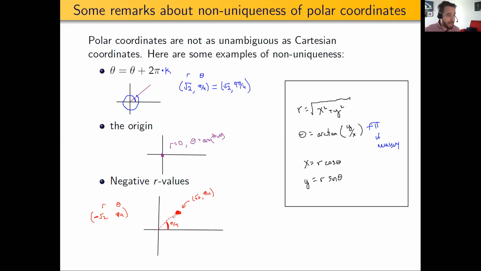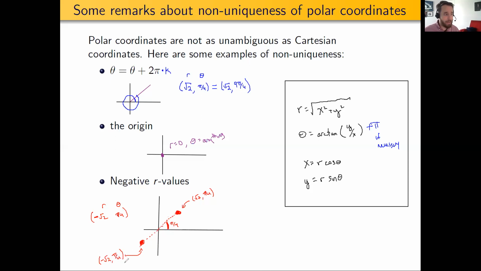So if I wanted to go negative root 2 units, I could just go in that negative direction here. And so this point down here would correspond to the point negative root 2 comma pi over 4.